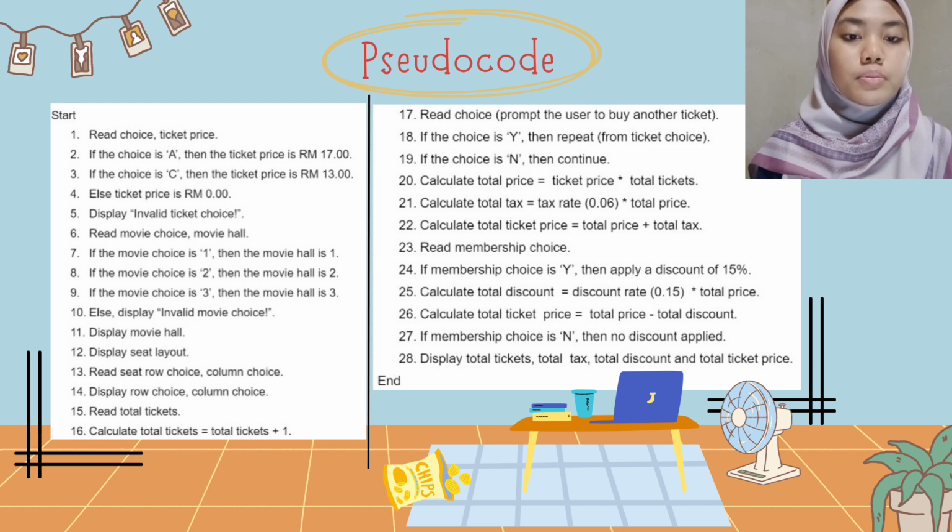If the user is a member, or the membership choice is Y, a 15% discount is applied to the total price, reducing the total ticket price. Finally, the pseudocode displays a receipt with the total number of tickets purchased, total tax, total discount if applicable, and the final total ticket price.